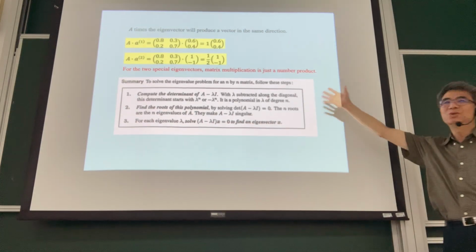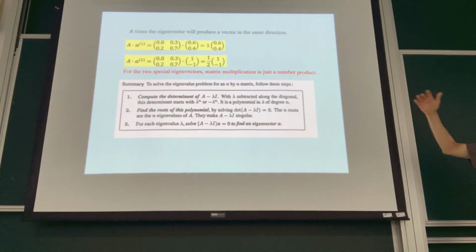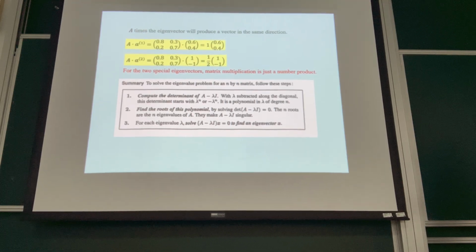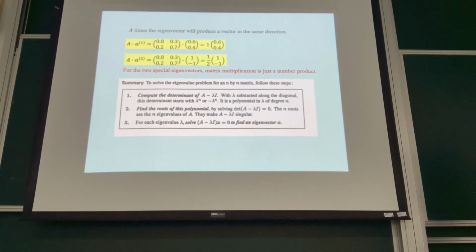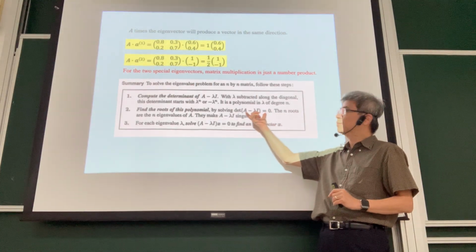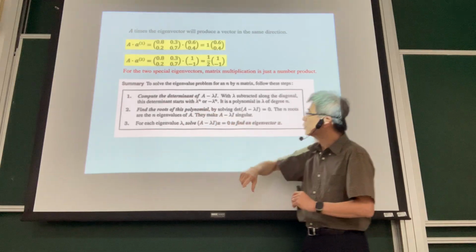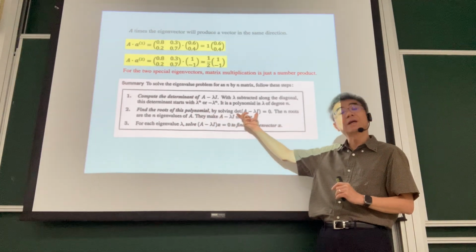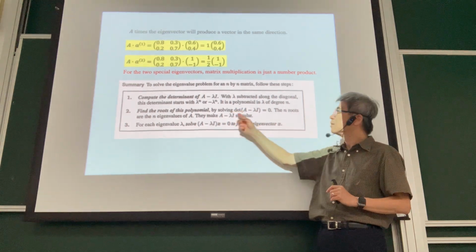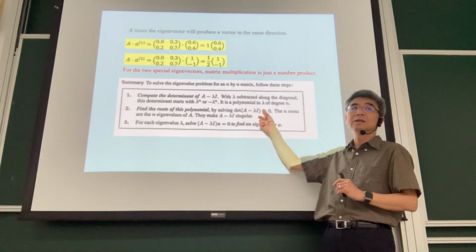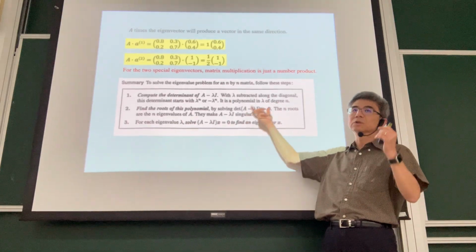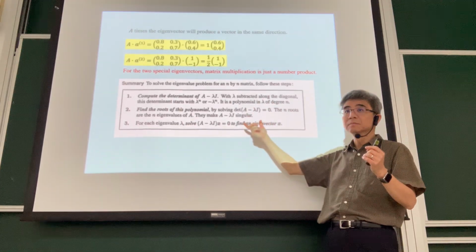You can just do step 1, step 2, step 3 for the problem you have in your mind. The key, of course, is the polynomial, the so-called characteristic equation I mentioned earlier: the determinant of A minus lambda I equal to 0. That's the characteristic equation we use to determine eigenvalues.